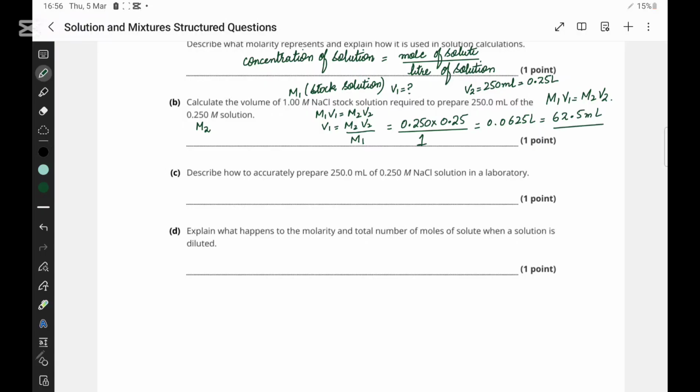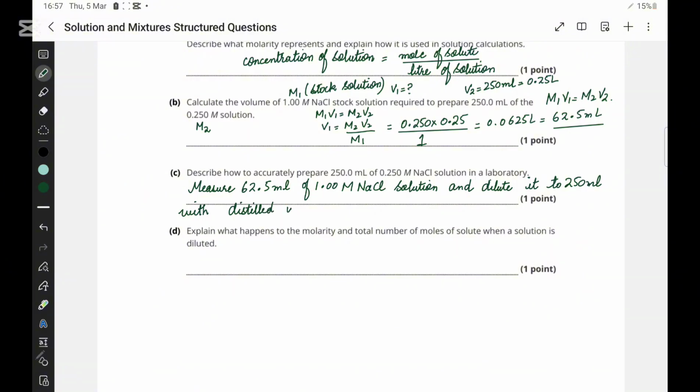So we have to measure 62.5 milliliter of 1.00 molar NaCl solution, and we have to dilute it to 250 milliliter with distilled water in a volumetric flask.